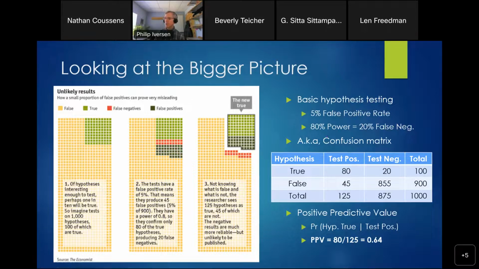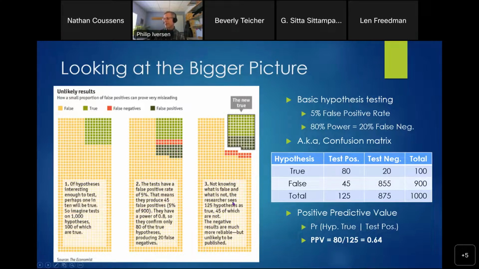You can improve that if you do 90% power, but here's the illustration. The reds are the false negatives, the true hypotheses that you miss discovering. The dark green are the false positives. Those are false scientific hypotheses that you end up claiming are true because you got a p-value less than 0.05. You get 45 out of 900 false positives because you have 900 false hypotheses, and 5% of those will be false positives.